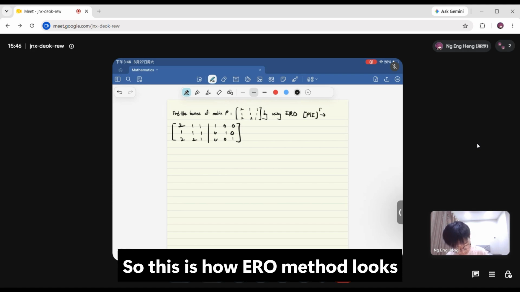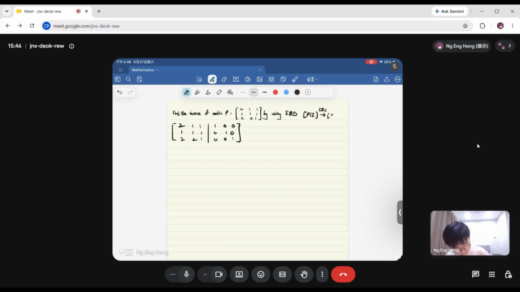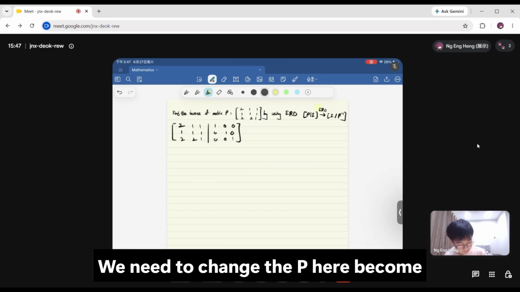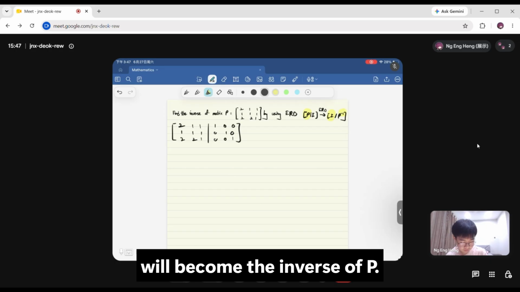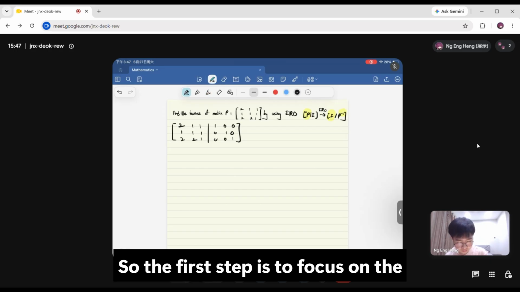So this is how the ERO method looks like. We need to change the P here to become the identity matrix so that the other side will become the inverse of P. So the first step, we should focus on the first column.